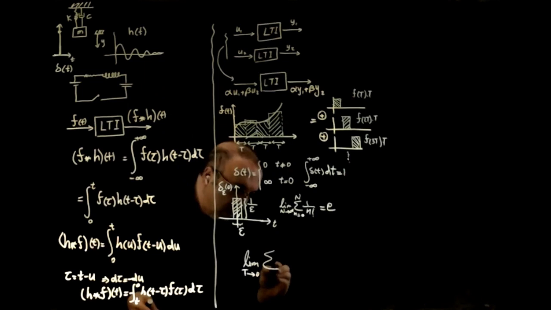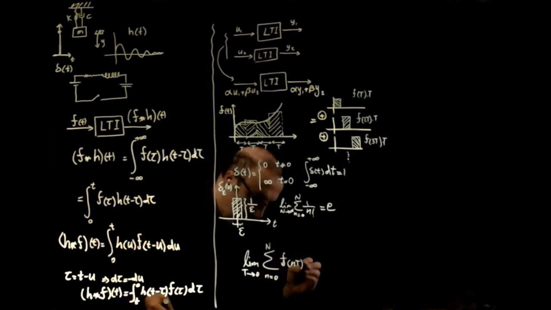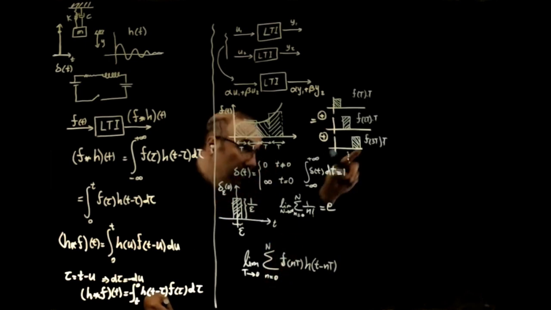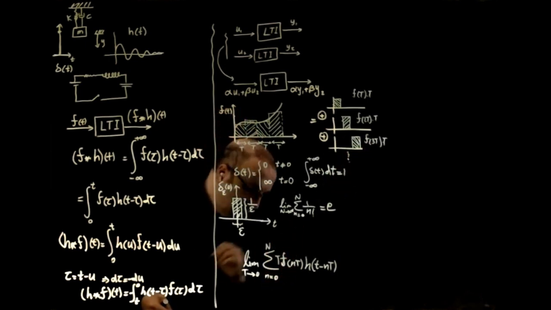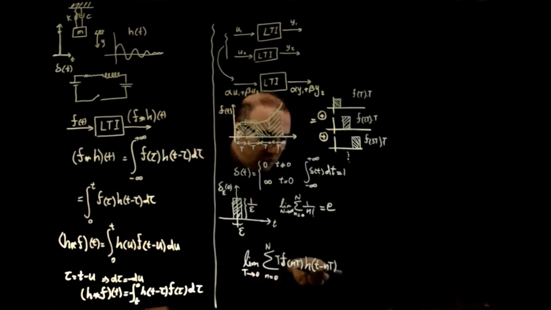So it would be sigma of n equals 0 to n, and then I have f of nT, h of t minus nT, and I had that T, f of nT. So T f of nT h of t minus nT.